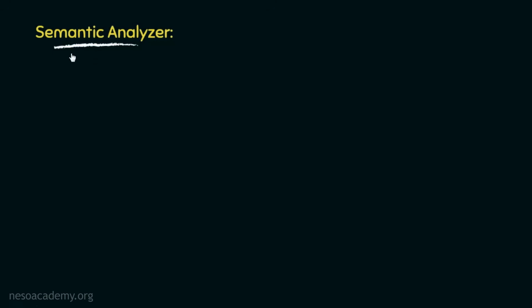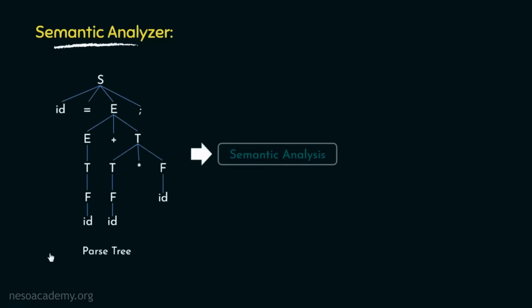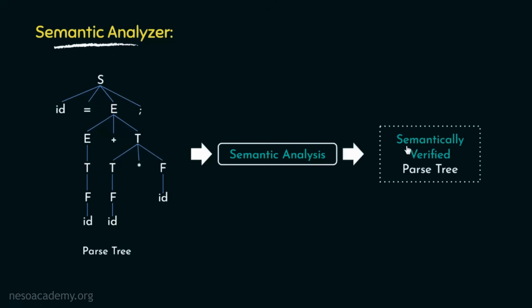In this phase, the semantic analyzer takes control. The parse tree produced by the syntax analyzer is given to the semantic analysis phase, and the semantic analyzer in turn produces the semantically verified parse tree. Semantic analyzer is responsible for type checking, array bound checking, and the correctness of scope resolution.